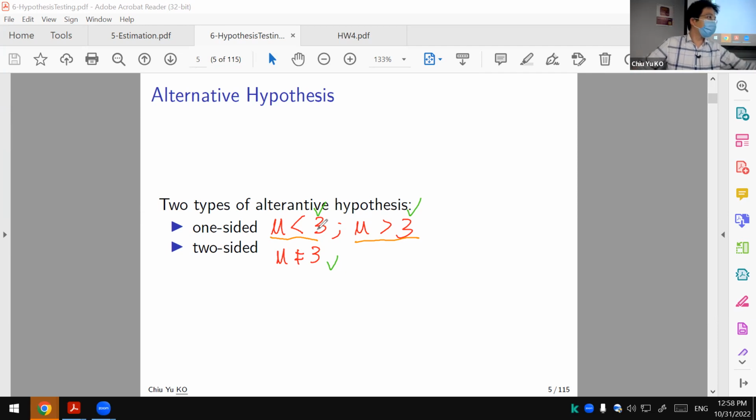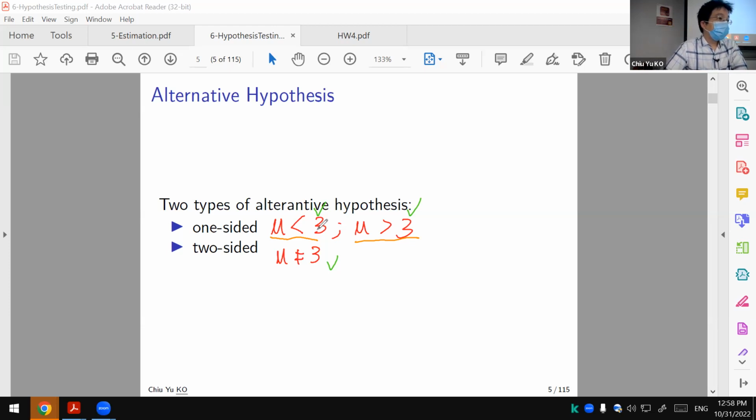But if you claim at least 80% and you have less, then probably consumers will not be happy. So it depends on the application which one to choose. Of course, if you don't know which one, then it's two-sided, which is a very natural way. But if you know the consequence is only on one side, then you do one-sided. Or you know from theory that it must be one side.